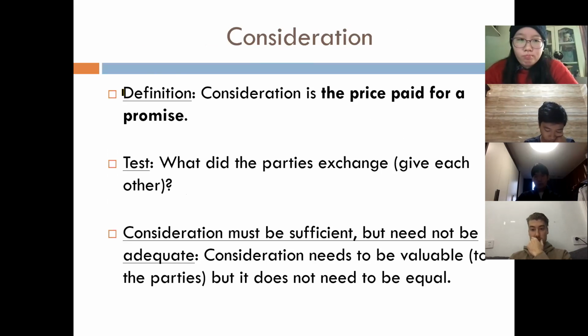So always definition and test. For consideration, you don't have to tell me this sentence, but you're going to have to explain to me that consideration must be valuable. That's a really important idea. What Meg gave Chris is valuable, that $10. And what Chris gave Meg is valuable, that promise to keep it open until lunch.